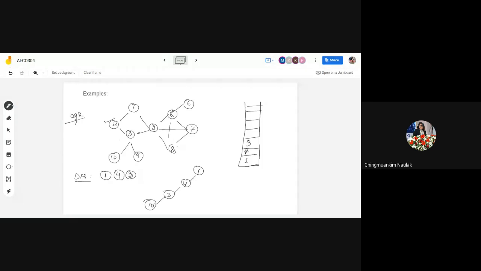So what will you do here? You're going to go back here to 3. So if you go back here, you'll pop this out and explore 3 again, and see if there are any unvisited adjacent nodes. You have 9 and 2. So let's explore 9. Okay. After 10, you'll explore 9.